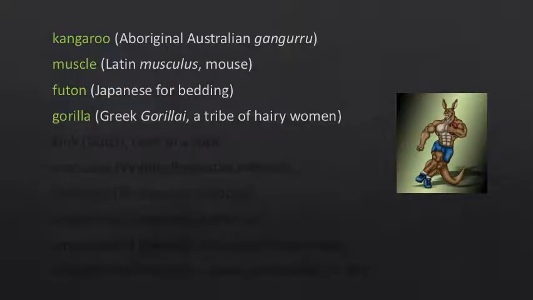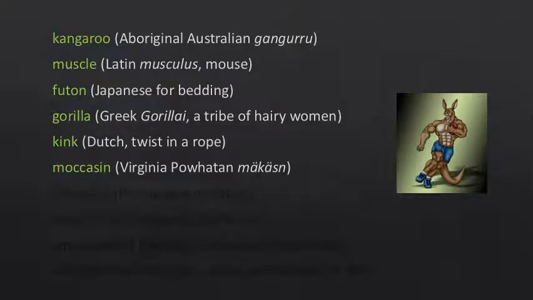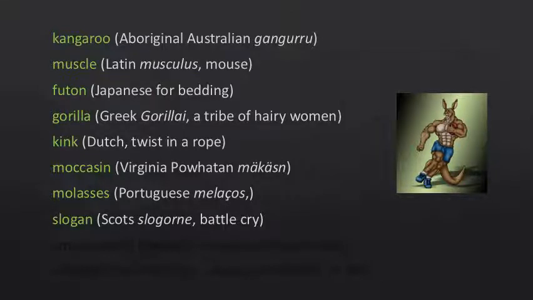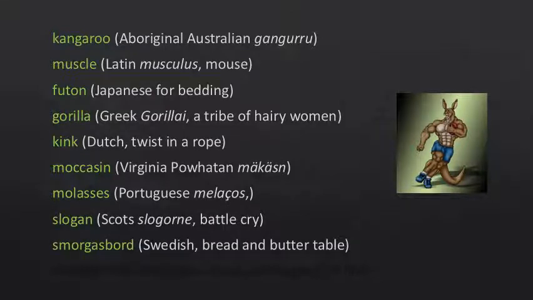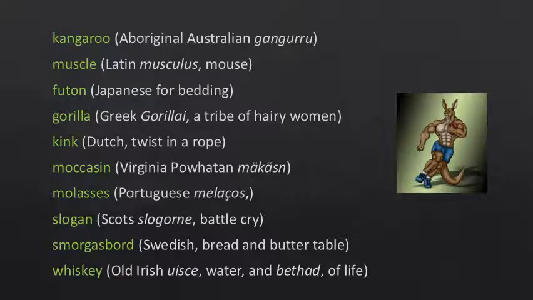That one is especially interesting. Kinky, it's Dutch for a knot and rope. Moccasin. I especially will not attempt to pronounce the Scots word for battle cry or the old Irish word for water or life, because these Celtic languages, their pronunciation of letters has traveled so far from what I'm familiar with that most of them are out on the islands of Great Britain.